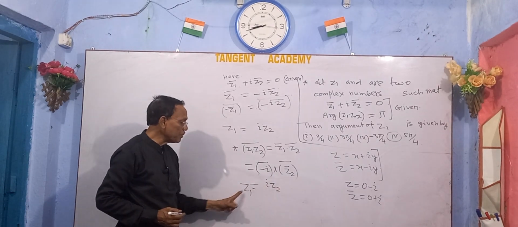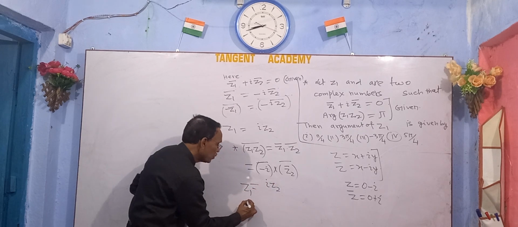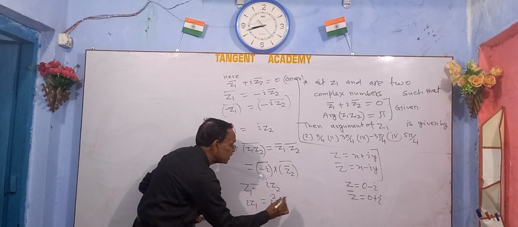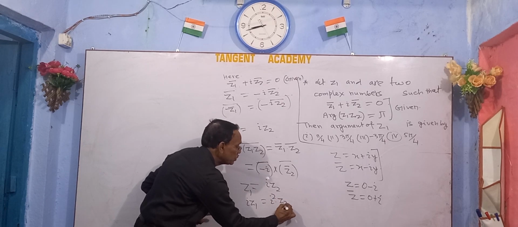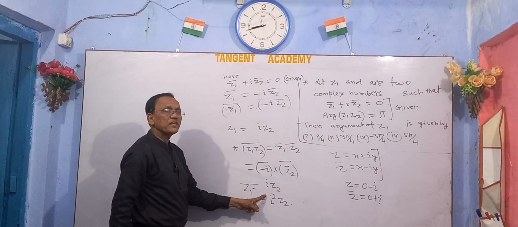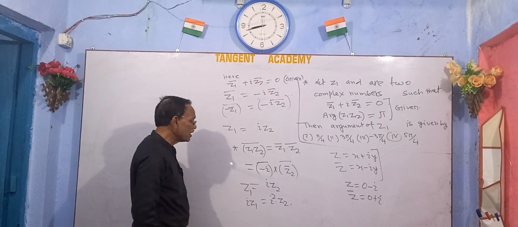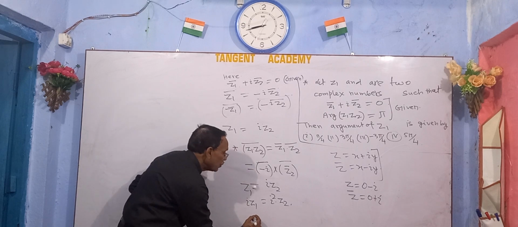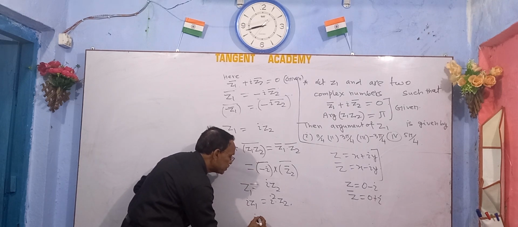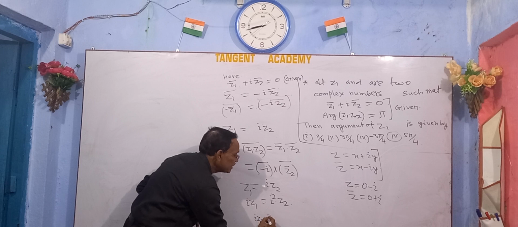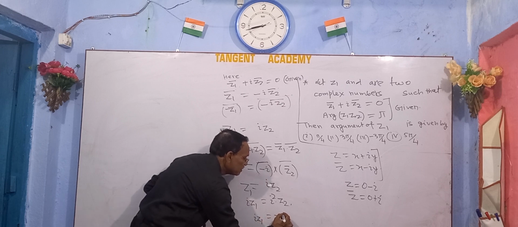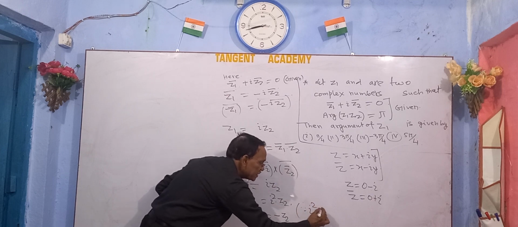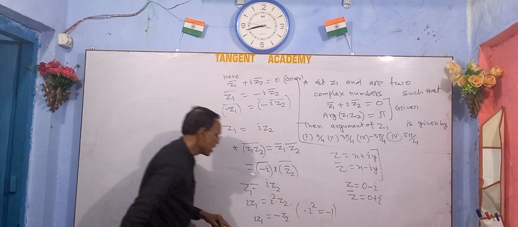Now we will multiply both sides by iota. So iota times Z1 will give you iota square Z2. But iota square is minus 1, as you know earlier from the definition of the imaginary quantity. So iota times Z1 is equal to minus Z2, since iota square is minus 1.